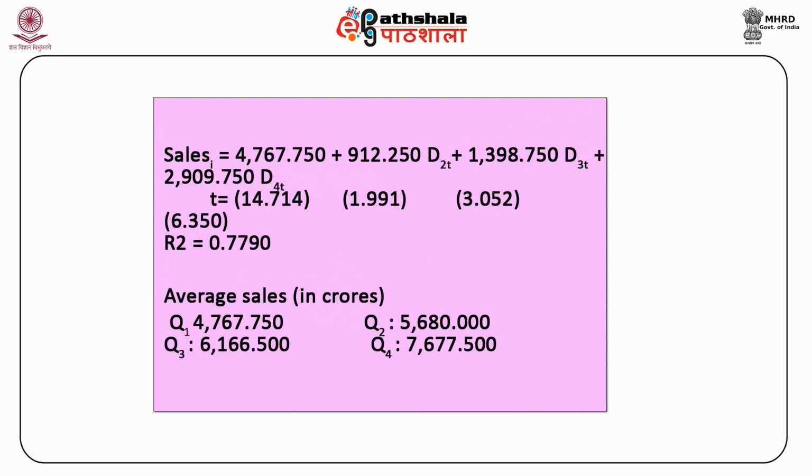Sales t is equal to 4767.750 plus 912.250 D2t plus 1398.750 D3t plus 2909.750 D4t.